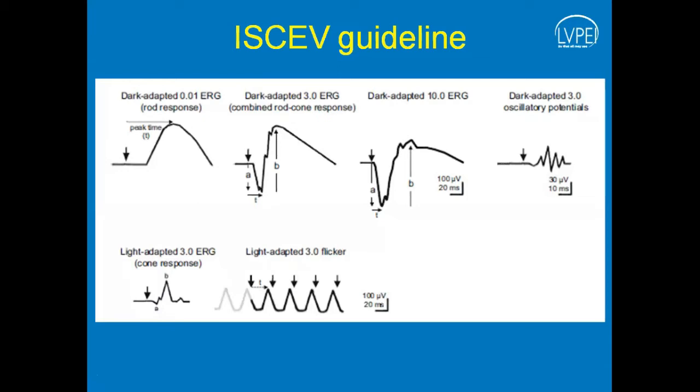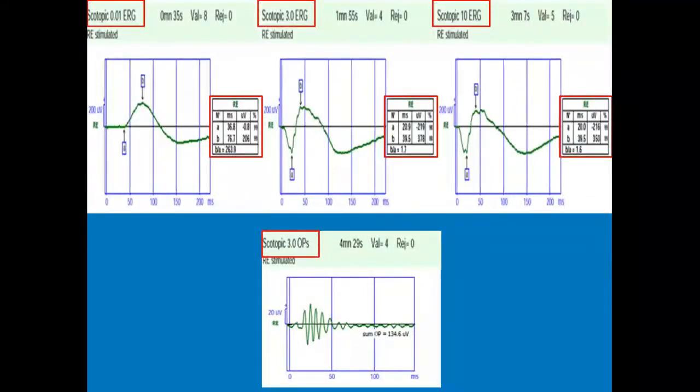But the basic understanding we have to have before we leave this slide is scotopic and photopic. Scotopic means a dark-adapted state, and photopic is a light-adapted situation. These are the recordings taken in a scotopic condition.